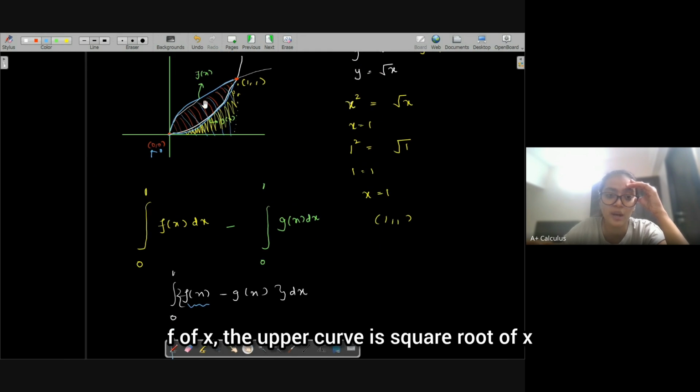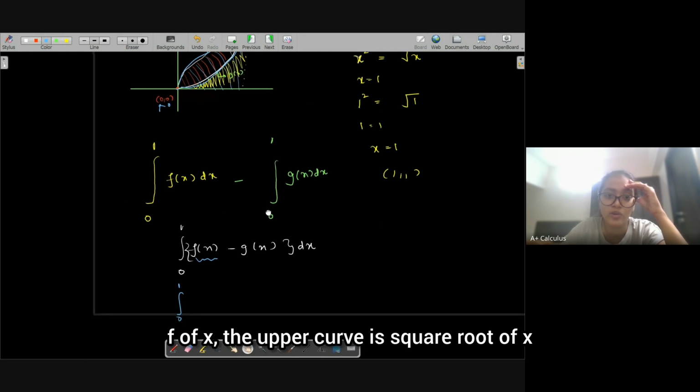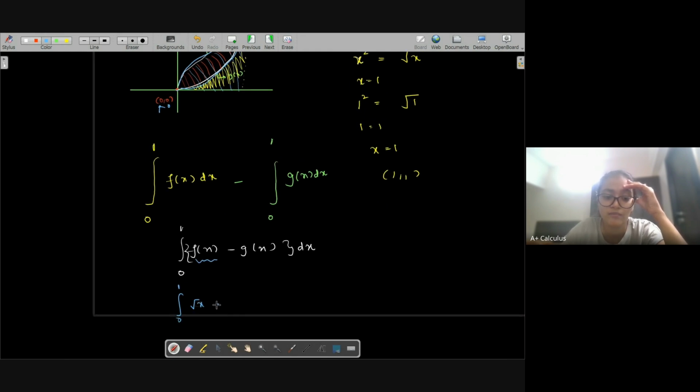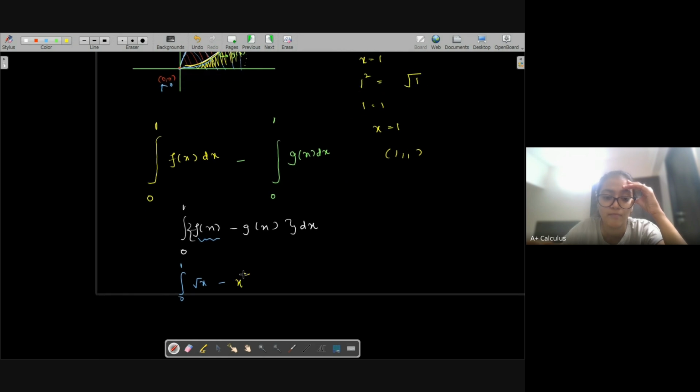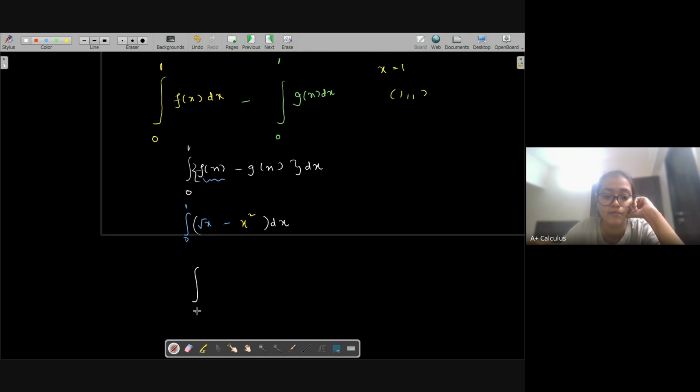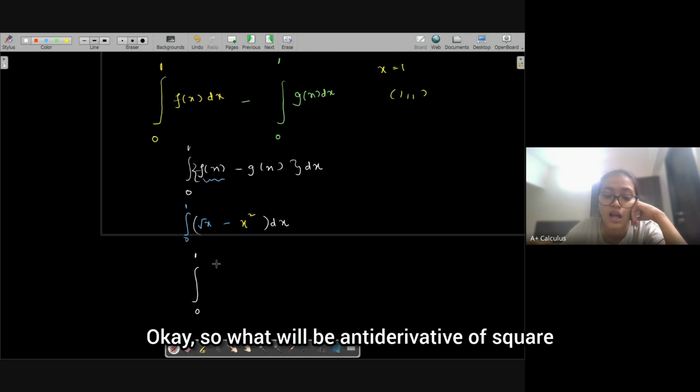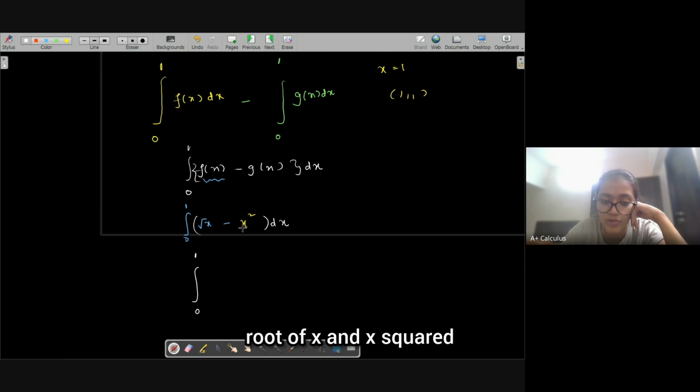The upper curve is square root of x, and the lower curve is x square, dx. Okay, so what will be the antiderivative of square root of x and x squared?